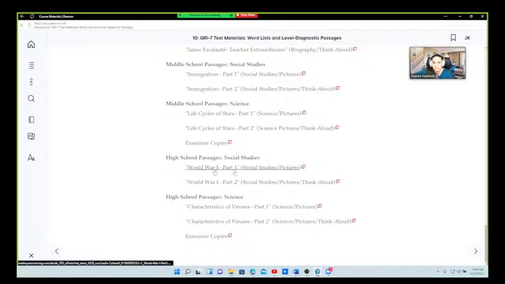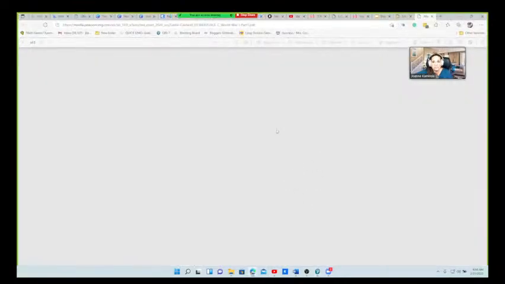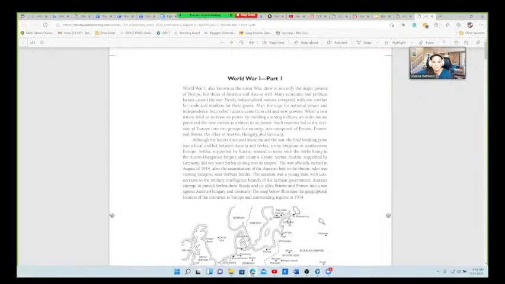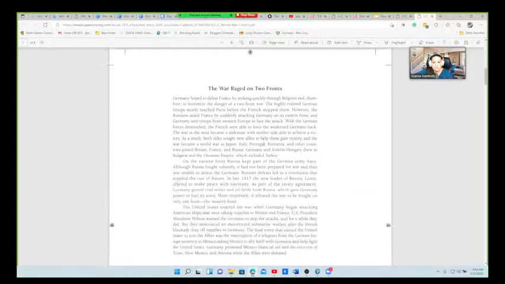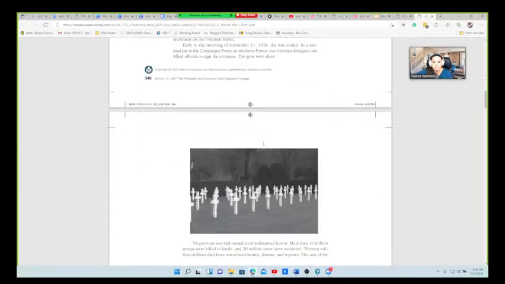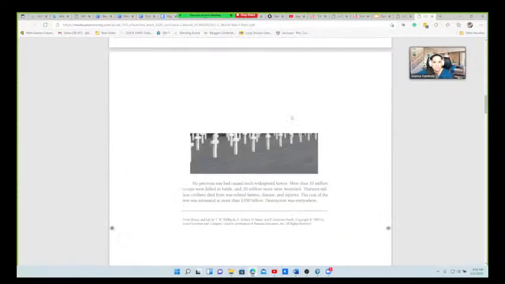So here you've got this World War I, part 1, and then there's a part 2. So the first time around that I give the assessment, I have them read the first one. And you can see these are going to be a lot more difficult text for them to go through and read compared to the lower version text.